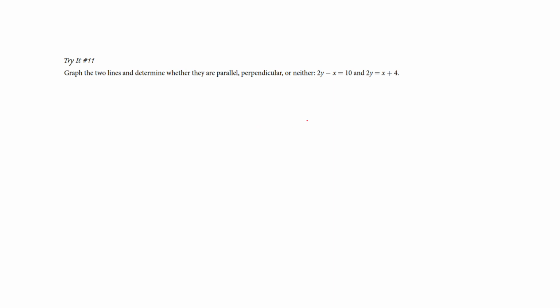Okay, so let's try this again. So the first thing I want to do here is I want to get them into slope-intercept form so I can take a look at the slope. So I'm going to divide that 2 over. Now be careful to remember, let me show you just in case. Again, you've seen all this before, but you divide that 2 over, just make sure you remember that 2's got to go to each of them. So it'd be 1/2 x plus 5.